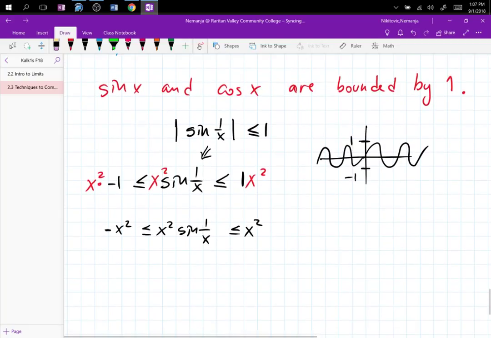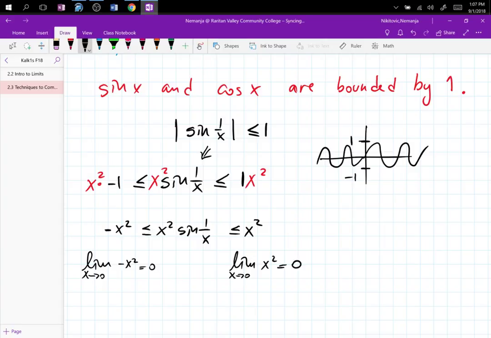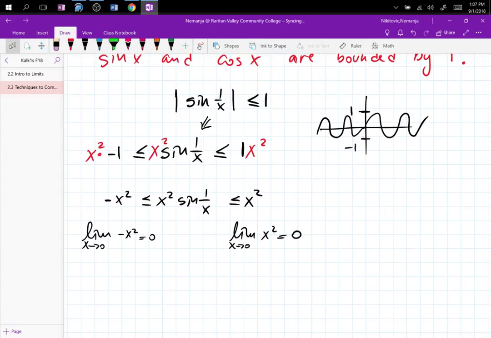So now the limit of negative x squared as x goes to 0 is 0. And the limit of x squared as x goes to 0 is 0. So what happens with the one that is squeezed in between?